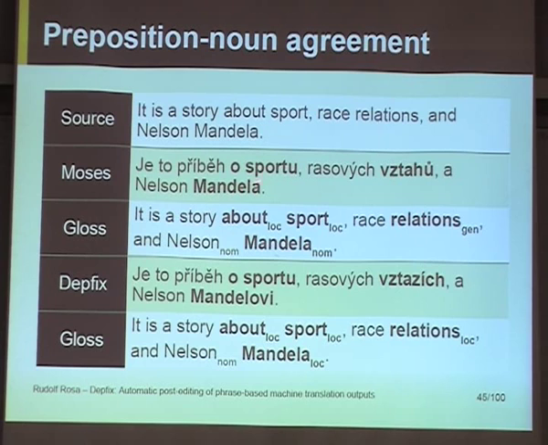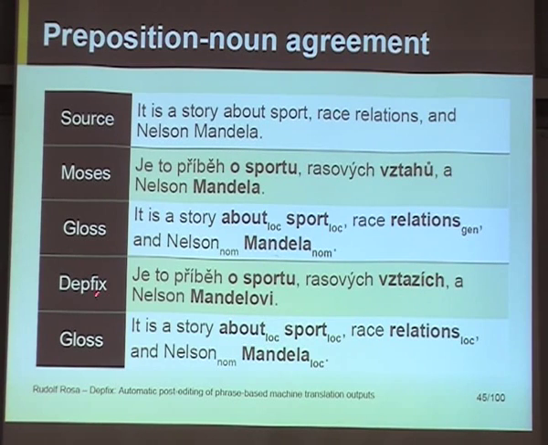It's because for the phrase-based machine translation system, the preposition "o" and the word "Mandela" are very far from each other, and it uses only short phrases, so it has no way to detect that these two belong together, it's too far. But because we have the dependency trees, it's very easy for us to do that.